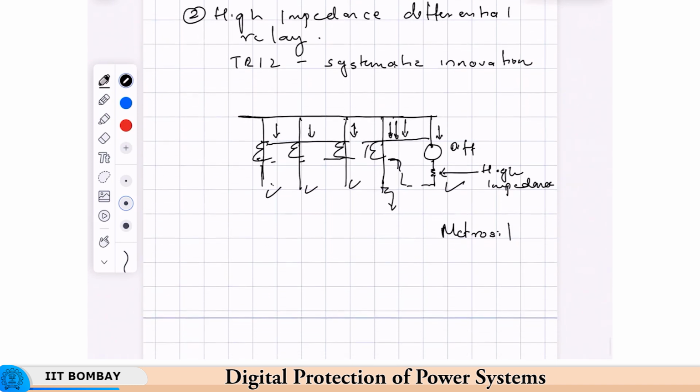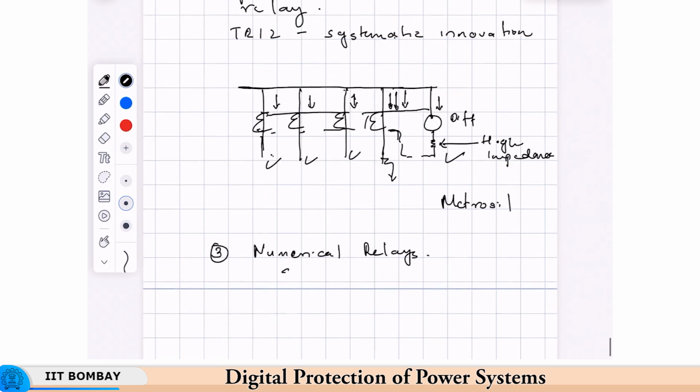Okay. The last one is of course with numerical relays. With numerical relays they have a very very low burden. So, this scheme is not very suitable to use with numerical differential relays, but with numerical relays we can use a sample to sample comparison. So, that can be very fast.